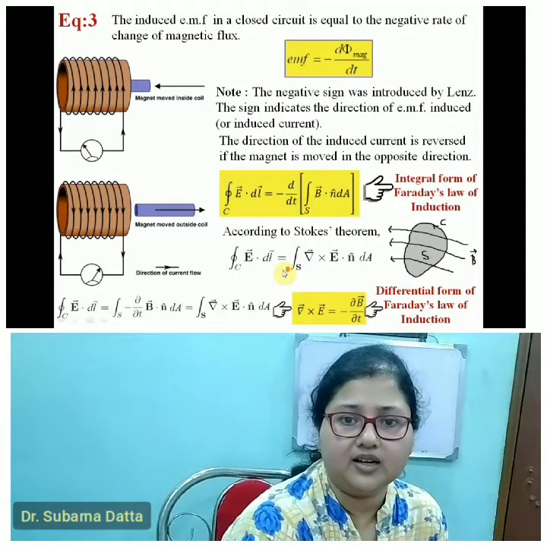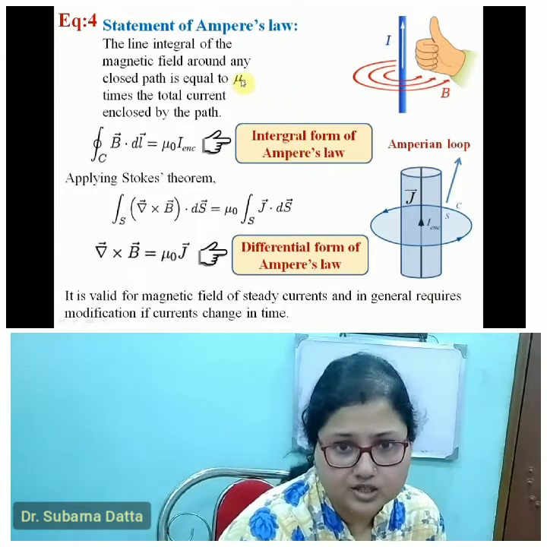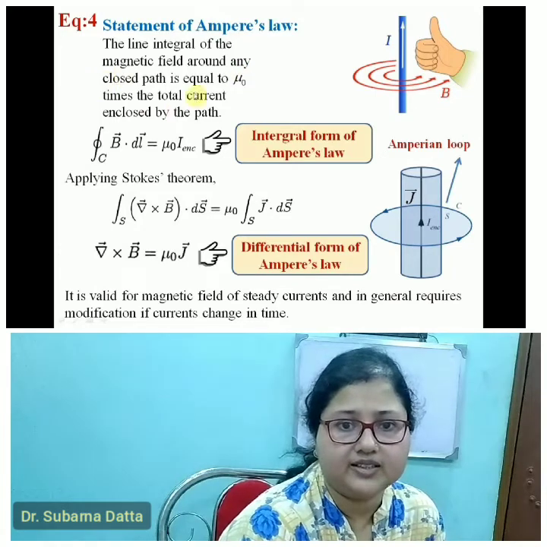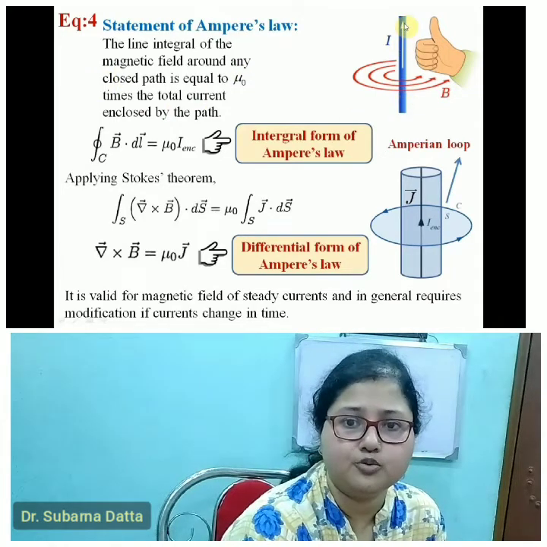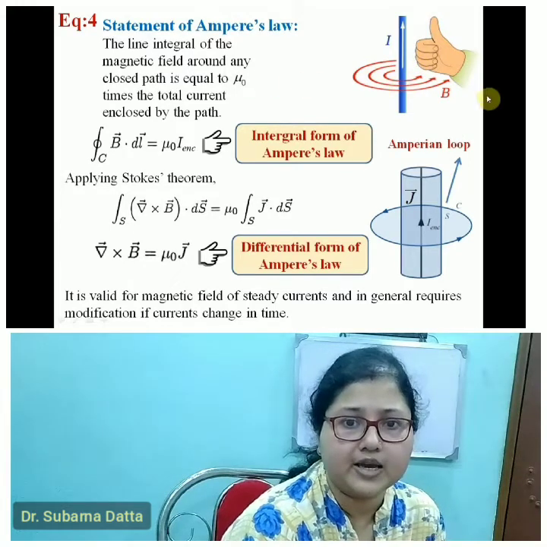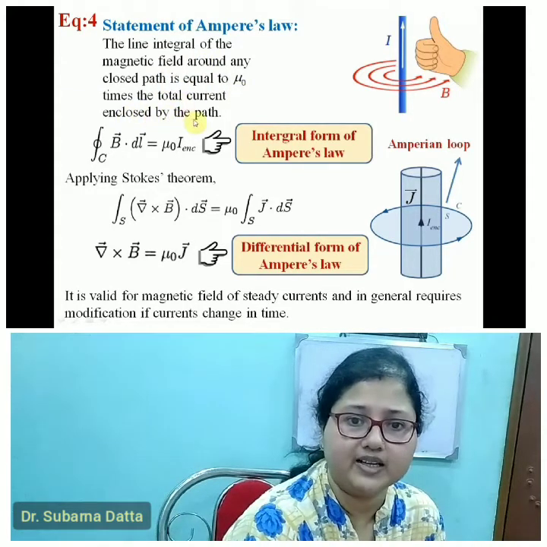Now we come to the fourth of Maxwell's laws, Ampere's law. So what is Ampere's law? We know that if a current is passing through a circuit, a magnetic field is induced, and the line integral of the magnetic field around any closed path is equal to mu0 times the total current enclosed by the path.